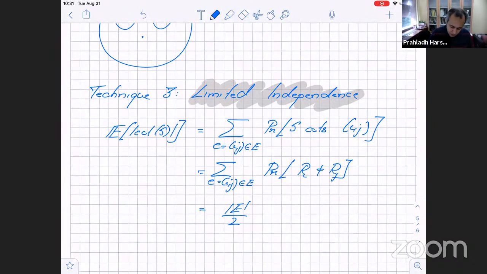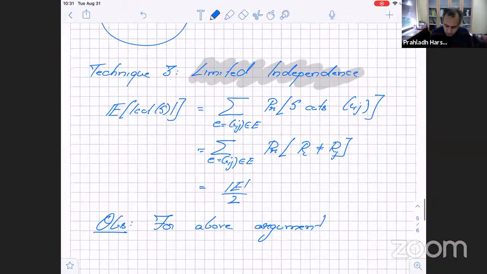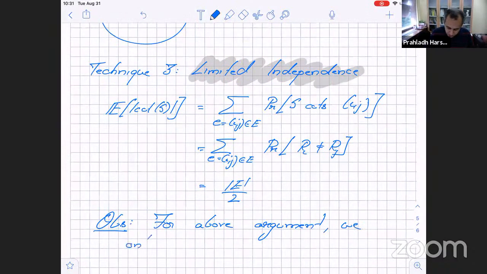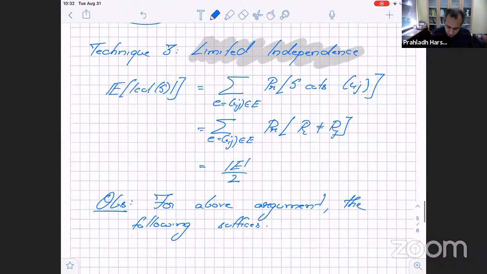The observation I'm going to make now is that for the above argument, the following suffices of the random points: for all i not equal to j, the probability that Ri is not equal to Rj is equal to half.